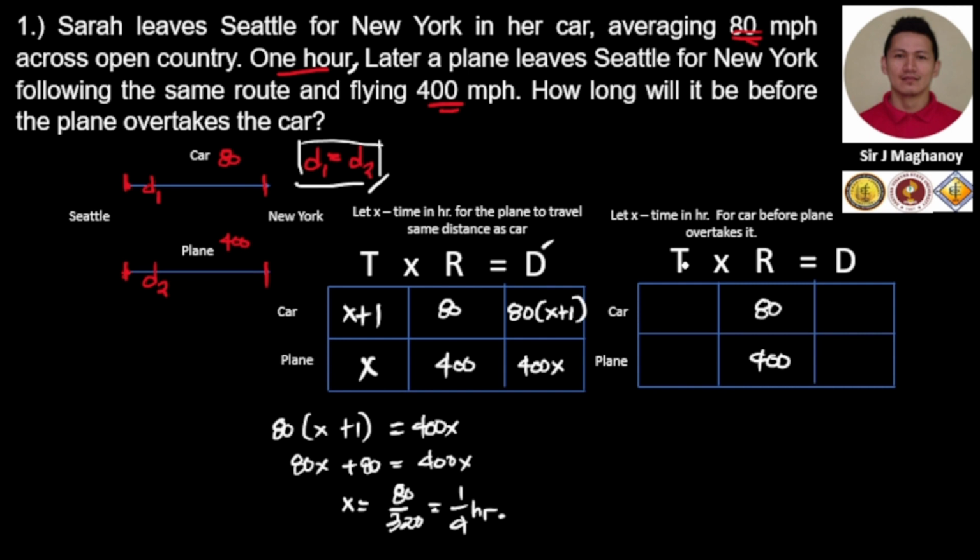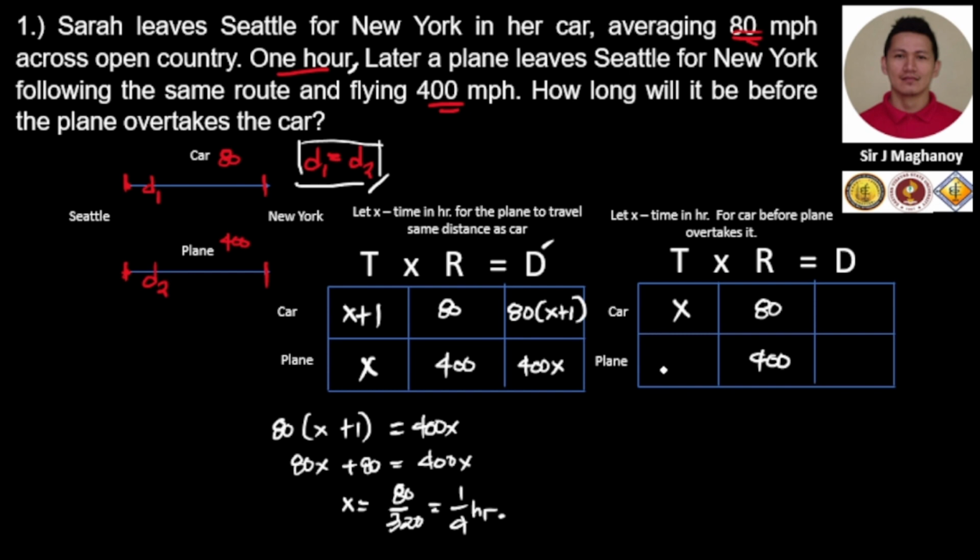Okay, how about in our second box? We let x be the time in hours for the car before the plane overtakes it. The plane leaves 1 hour later. Since the car moves ahead of the plane by 1 hour in advance, the plane's time is less by 1 hour.